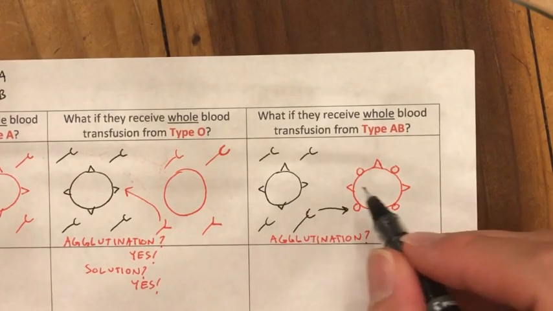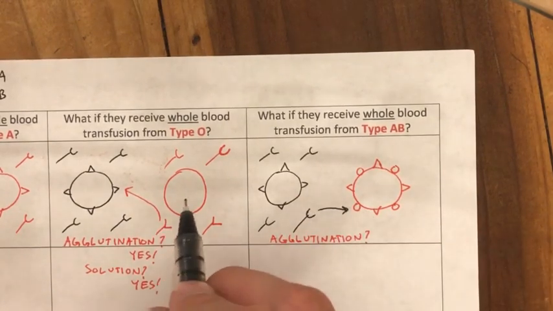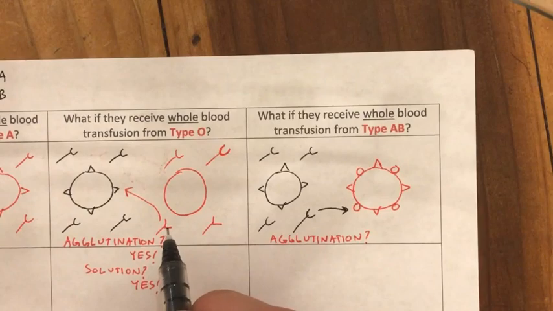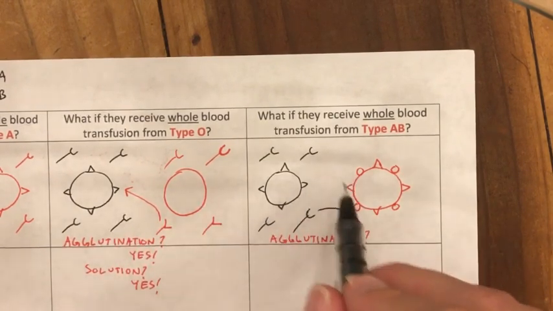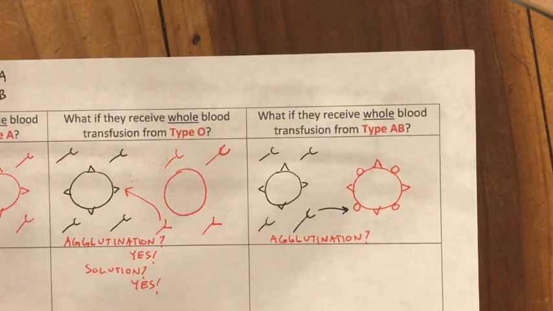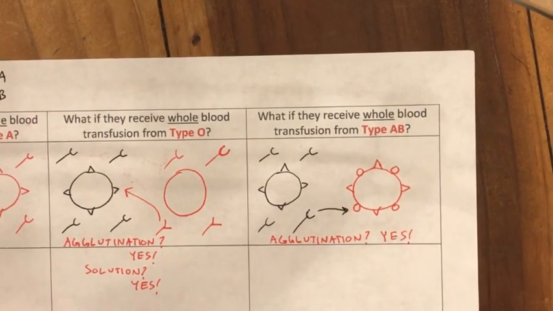The recipient is attacking the donor's red blood cells, rather than over here, it was the donor's antibodies that are attacking the recipient. So it's sort of reverse in a way. So agglutination here. Yes, we have agglutination.